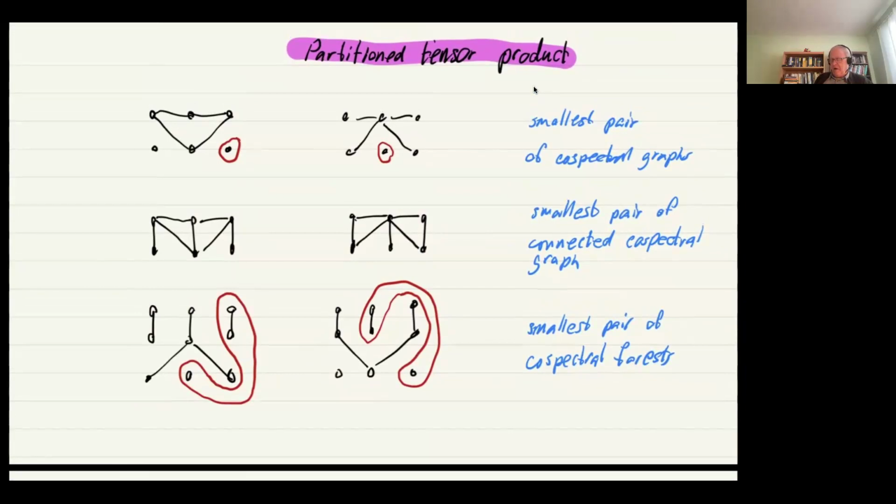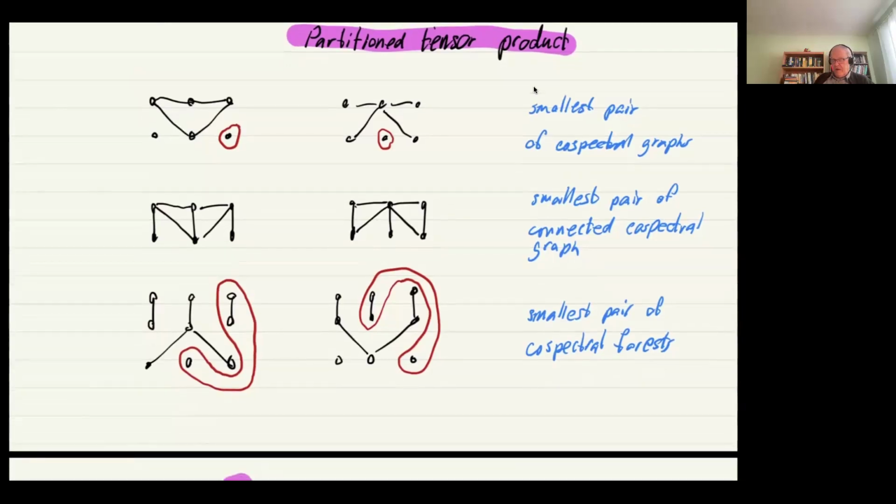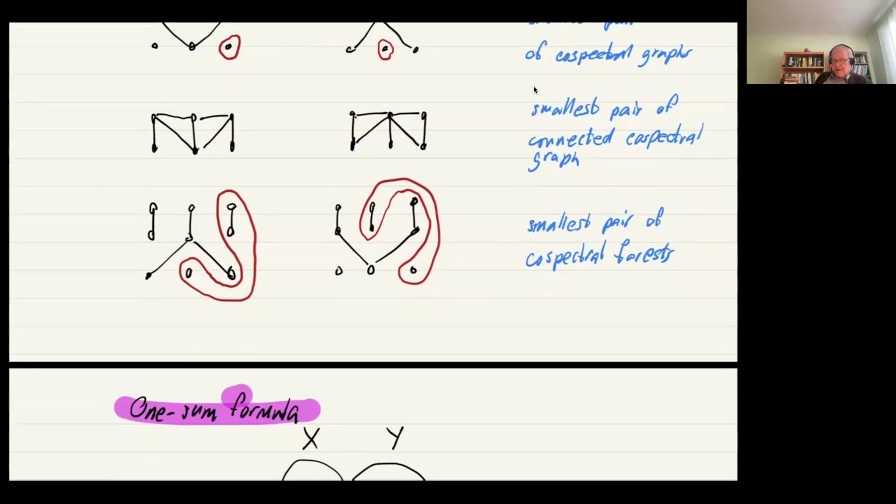Basically, you take a bipartite graph with white vertices and black vertices, and you replace the white vertices by copies of X, the black vertices by copies of Y, and join them up in this sort of fashion. And then it turns out if G and H are cospectral, you can swap the G's for H's, and the new graphs are still cospectral. The number of white vertices compared to the number of black vertices doesn't matter. So it's quite a flexible construction again, and gives you many examples.